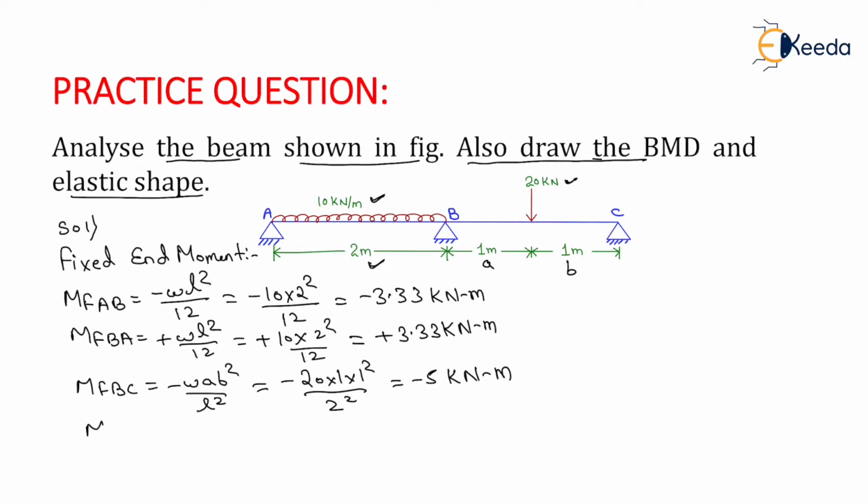Similarly, the fixed end moment of CB will be equal to plus WA square B upon L square. On putting all the values, we get 5 kilonewton meter. So we have determined all the fixed end moments, that is AB, BA, BC and CB.